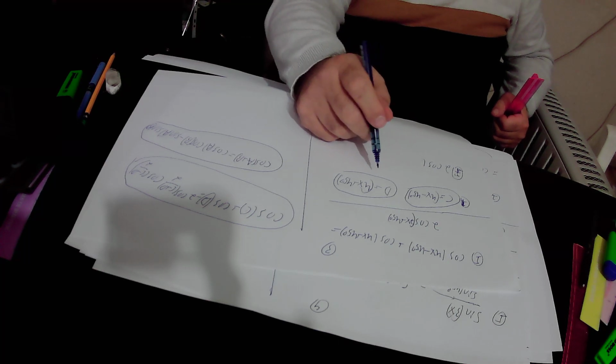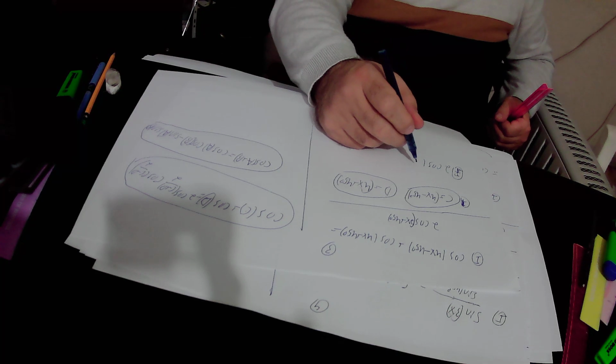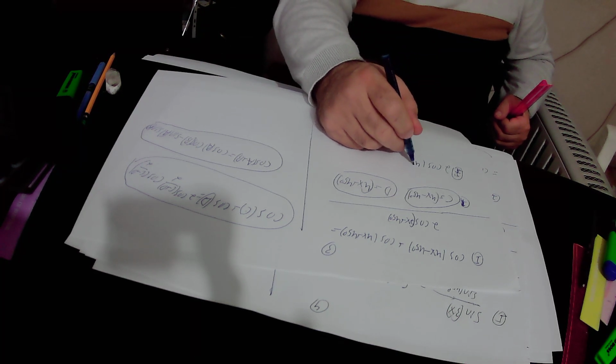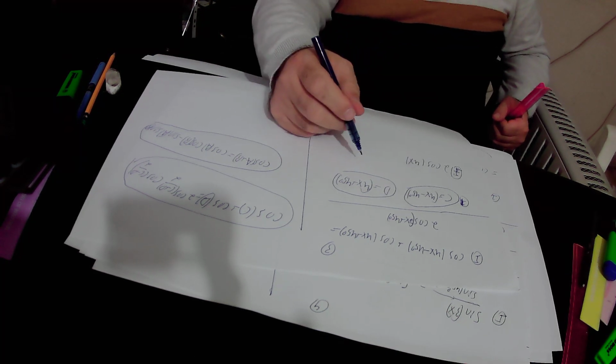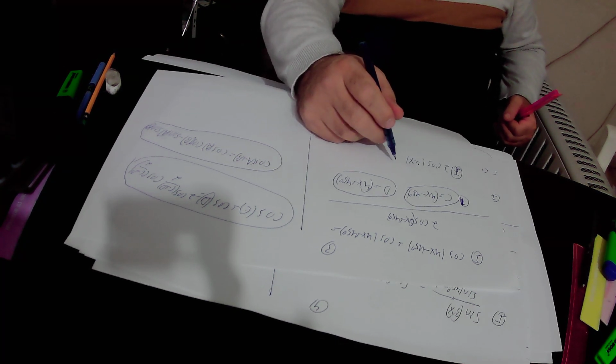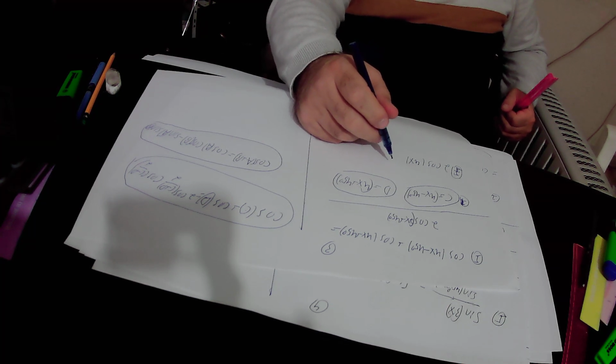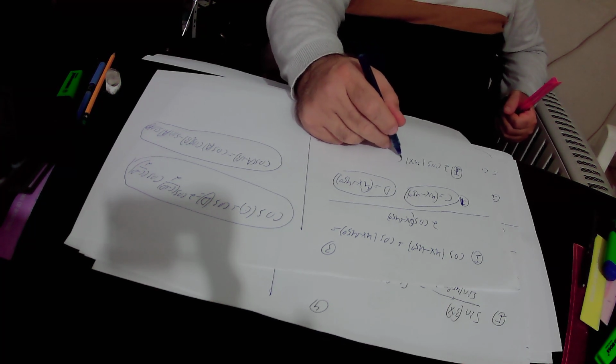So C plus D is 8x, over 2 is 4x, and minus 45 degrees plus 45 degrees is 0.